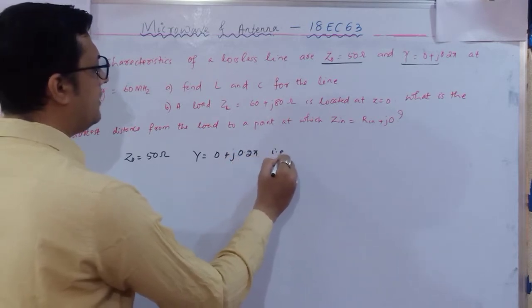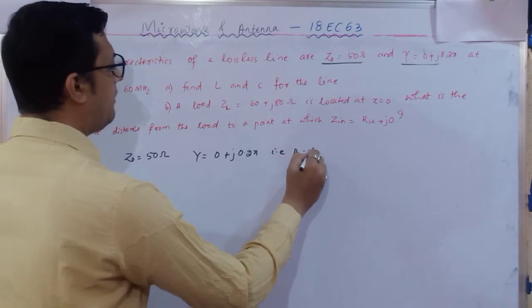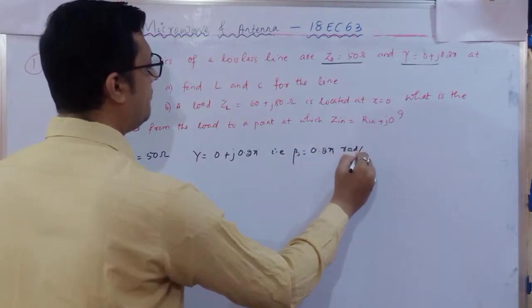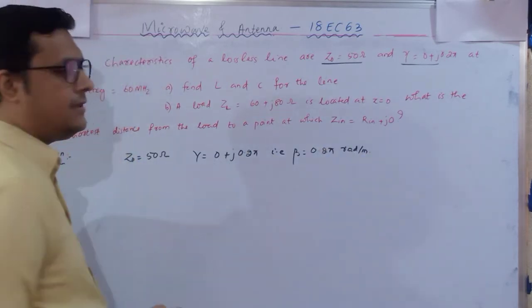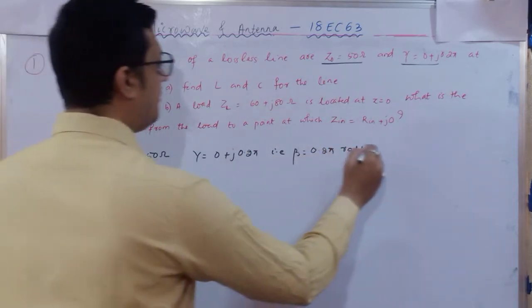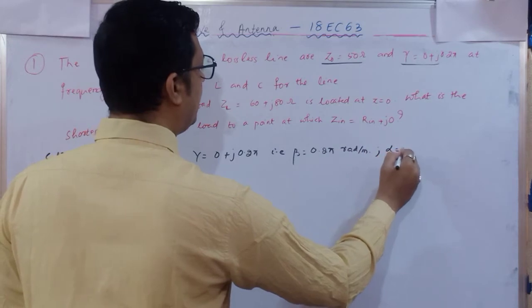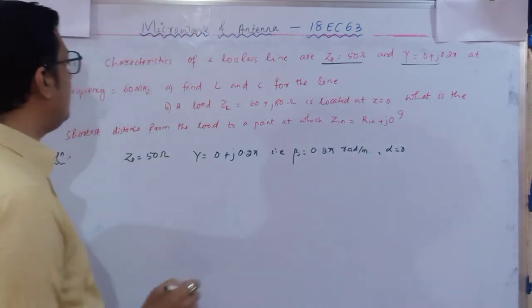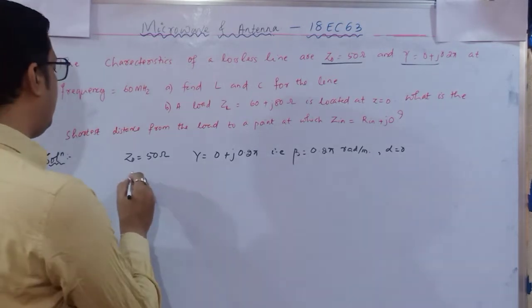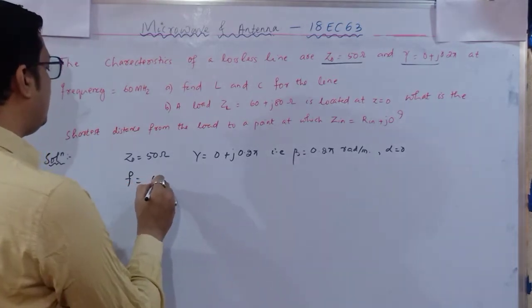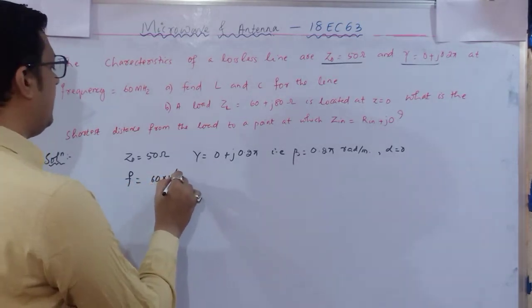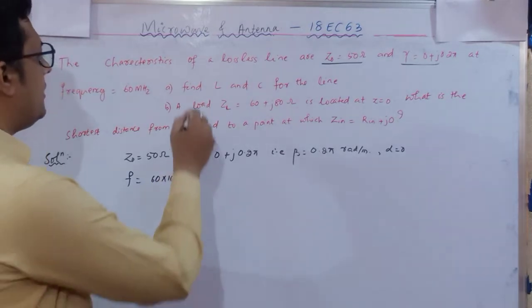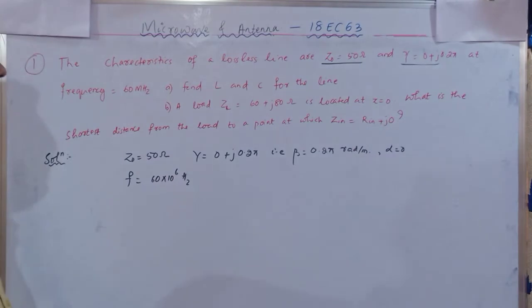That is nothing but the beta value, 0.2 pi rad per meter. Since it is a lossless line, my alpha term is 0. It is operating at a frequency of 60 megahertz, 60 into 10 to the power 6 hertz, and we have to calculate L and C for the line.